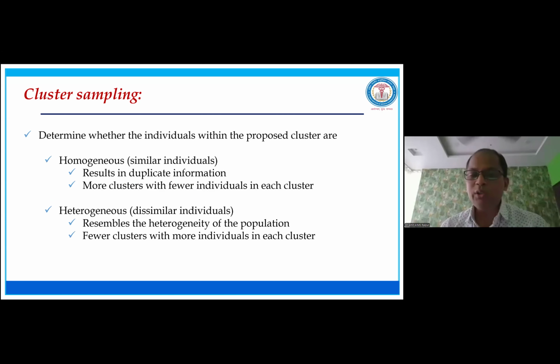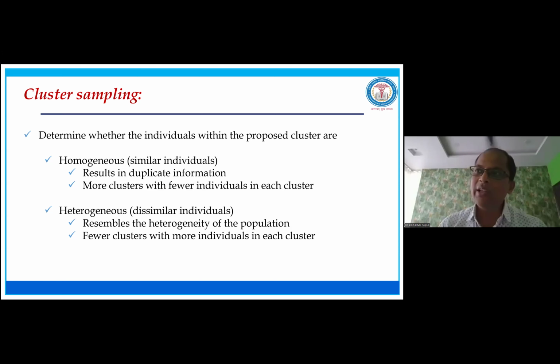So the answer to this question is we have to first find out whether the clusters are homogeneous or heterogeneous. If the clusters are homogeneous, in that case, there are chances of duplication of information from the participants. In that case, we have to include more number of clusters with fewer individuals in each cluster.